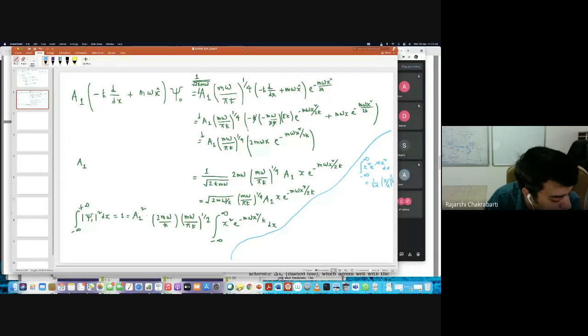So I don't expect you to remember the integral value, and I'll show you how to calculate this integral. Say let us call this integral I. I is this. And now I take a derivative of I with respect to alpha.